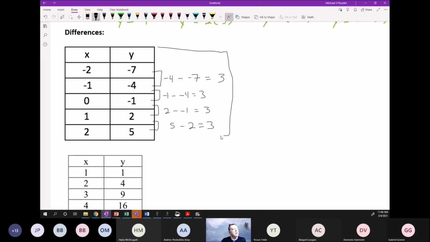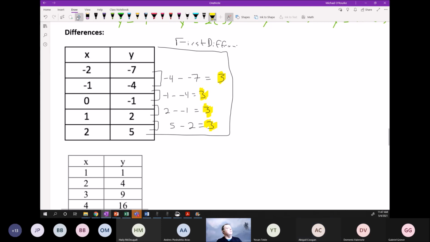The first time you do the calculation is called the first difference. So what do you notice about all these first differences? They all go up by 3. Good, they're all the same.